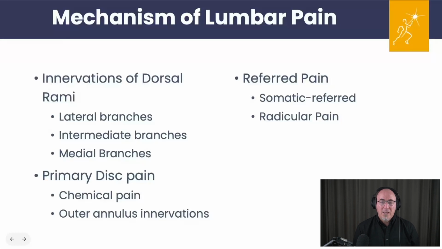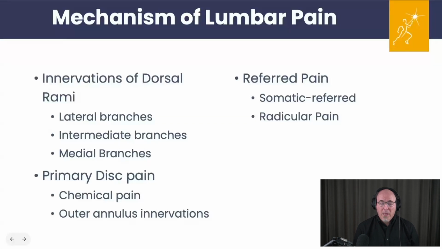So any injury to the disc does not necessarily mean that there is a disc herniation putting pressure on the nerve root. It could just mean that there is a disc injury, and in and of itself, it can cause pain. And sometimes that chemical pain, I've been told by some researchers, can last 6 months to a year. So some people are just dealing with that sort of chemical pain, irritation, and inflammation around that tissue.